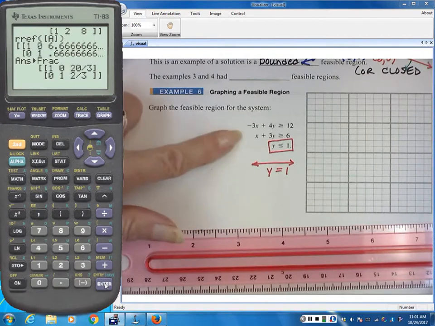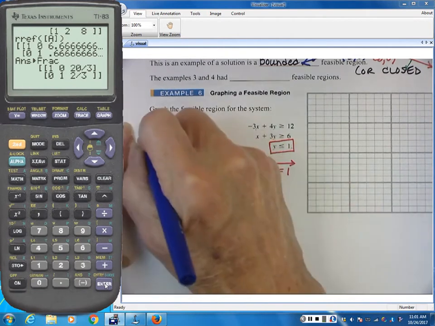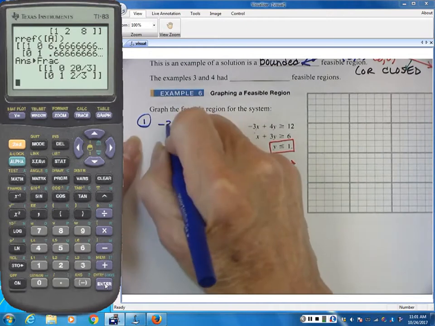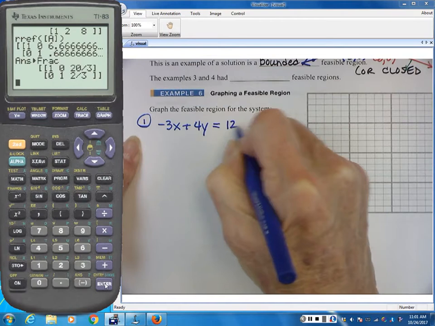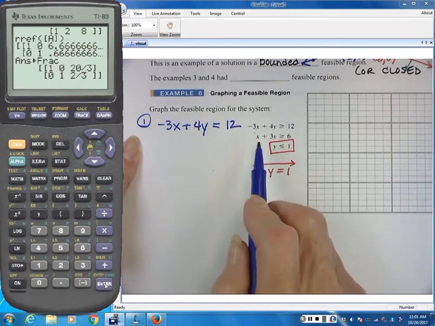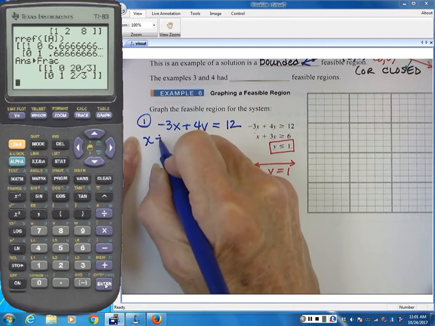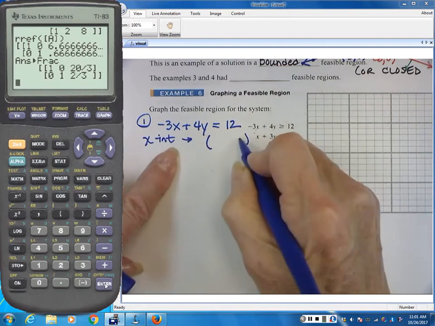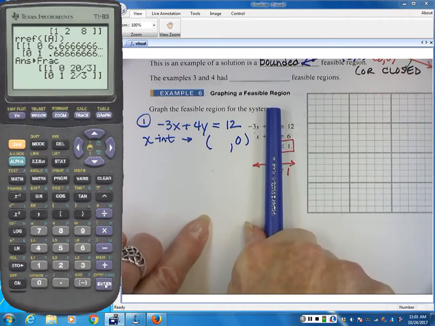So I need first to find my boundaries. So again, I'm going to go for the boundaries. This one would be 3x plus 4y is 12, negative 3x. And if I let y be 0, that means my x-intercept is going to be 12 divided by negative 3.